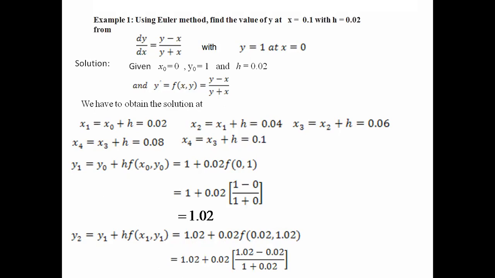On simplification, I have seen that this value is 1.039. This is the value of y2. But you should know what y2 means: it is the value of y at x2, that is at 0.04. So y of 0.04 is here 1.0392, and the previous value represents y of 0.02. The question asks for y of 0.1, so this step is over.